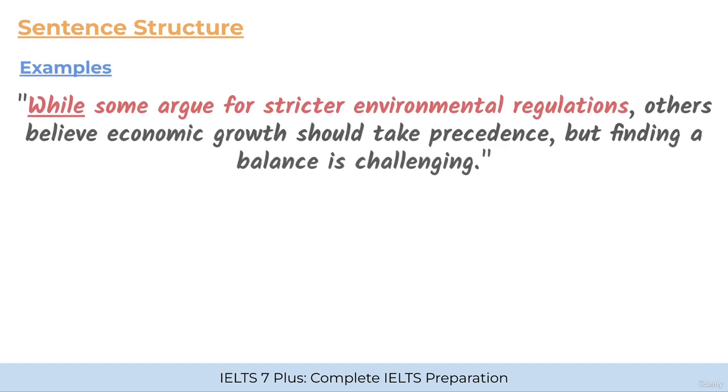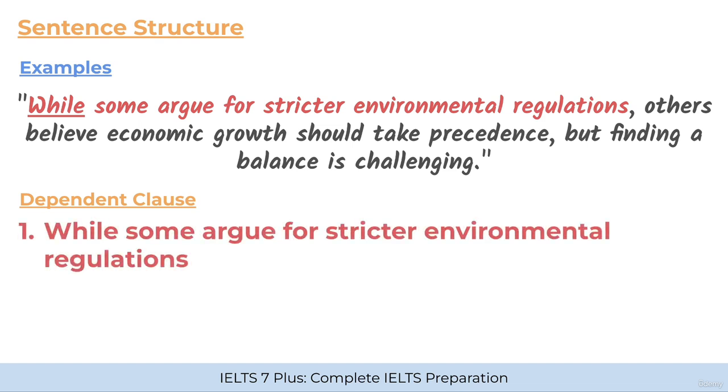Then what is not equal in the sentence, we have our dependent clause, and we've only got one in this one, while some argue for stricter environmental regulations. So if we were to take away our subordinating conjunction while and just have some argue for stricter environmental regulations, that would change to an independent clause, but we don't.